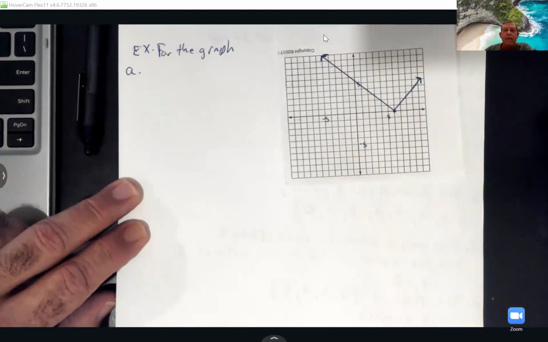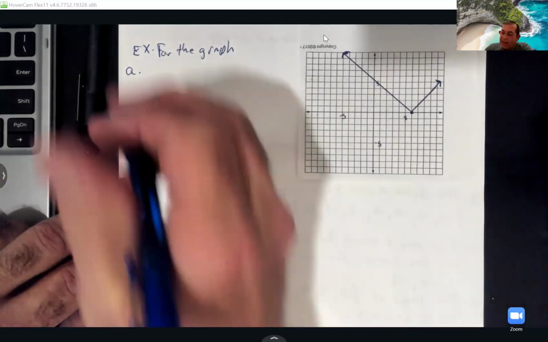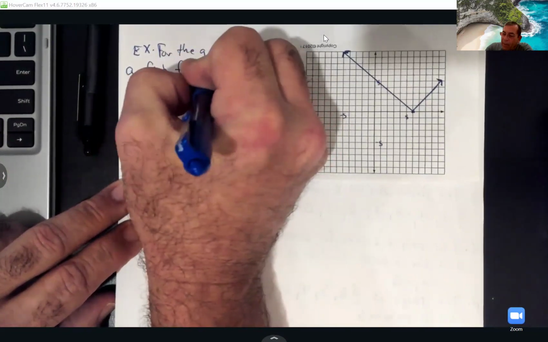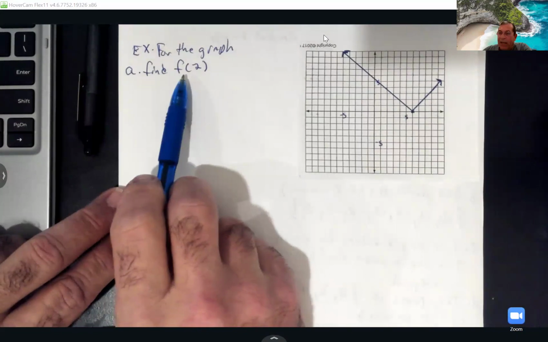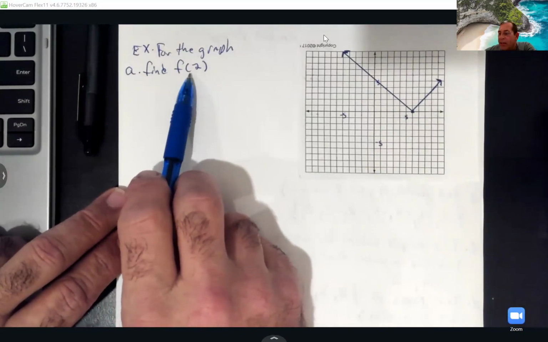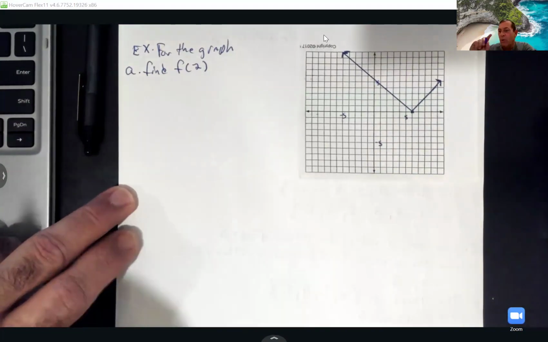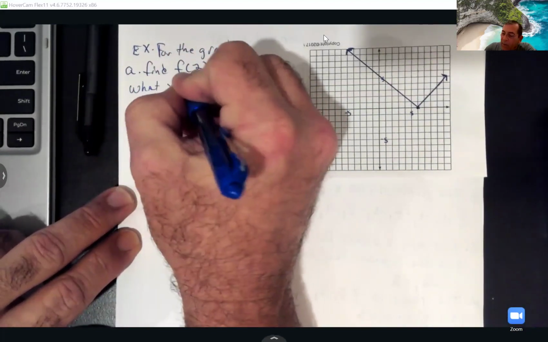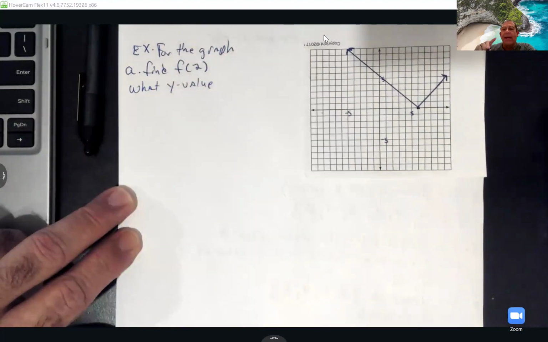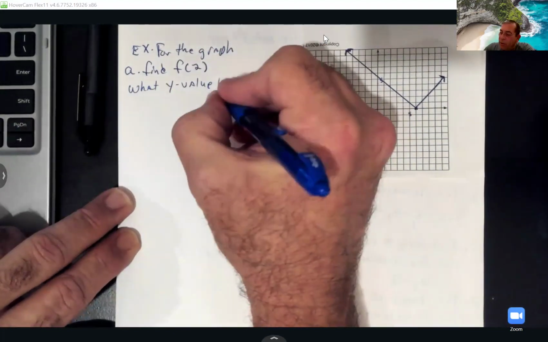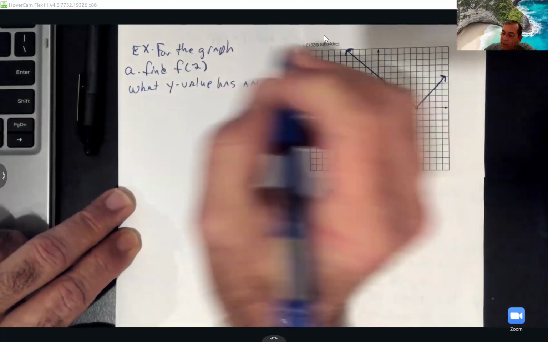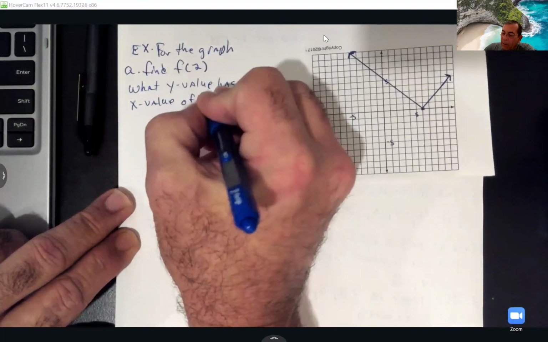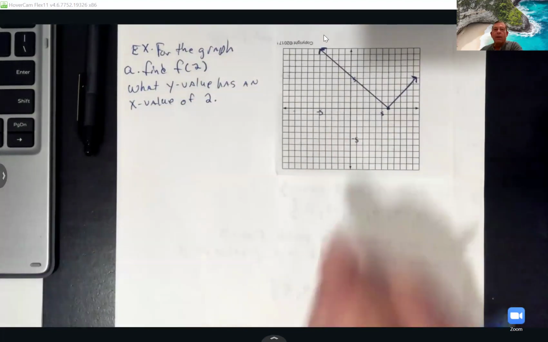A, they want us to find f of 2. So remember, when I say find f of 2, I'm giving you the x value of a 2. So what I want to know is what y value has an x value of 2. All right, y'all.